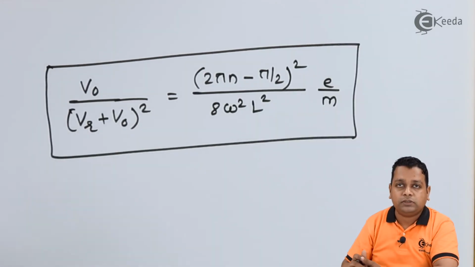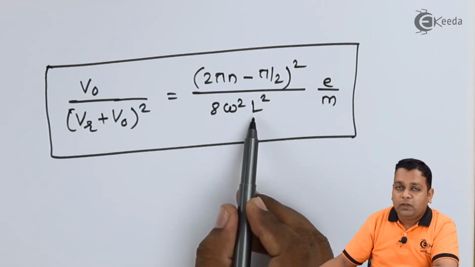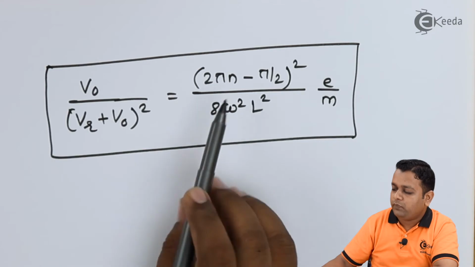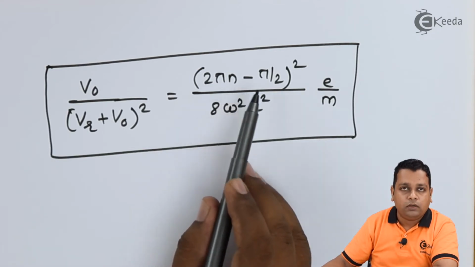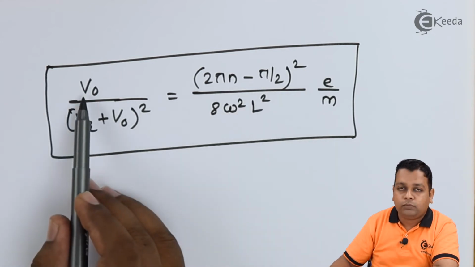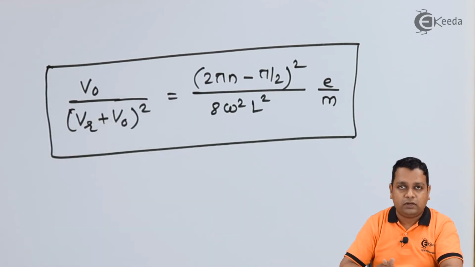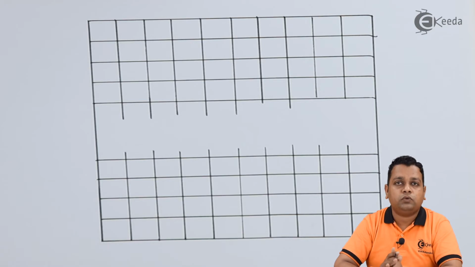If all the parameters like charge of the electron, mass of the electron, the repeller space, the omega square, the n value for the number of electron transit cycles into the repeller space are known, and one of the potential, either V0 or VR, is known, the another potential can be calculated. Now, as the major role has been there because of the repeller voltage in producing the oscillations in the reflex klystron, we shall be plotting the graph between the output power delivered to the load and the repeller voltage.